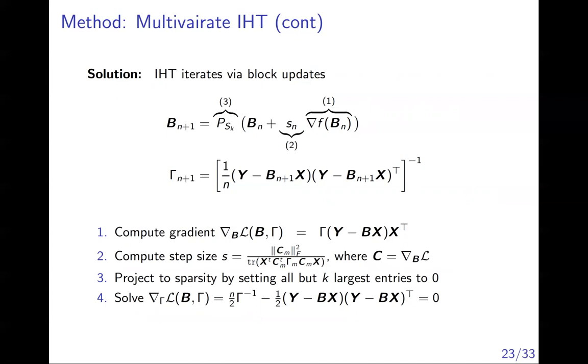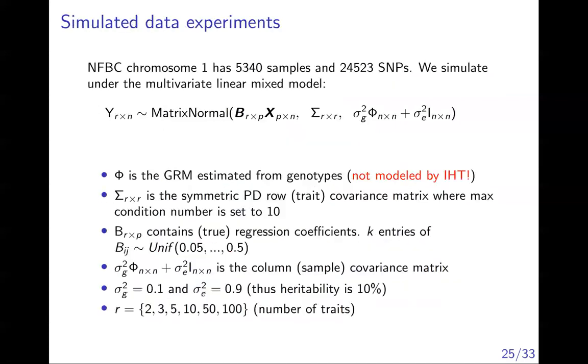Ben, I have a quick question. The matrix normal slide. Given the assumption, can we calculate co-heritability between any pair of traits? Is it simple enough under your framework? Calculate co-heritability.